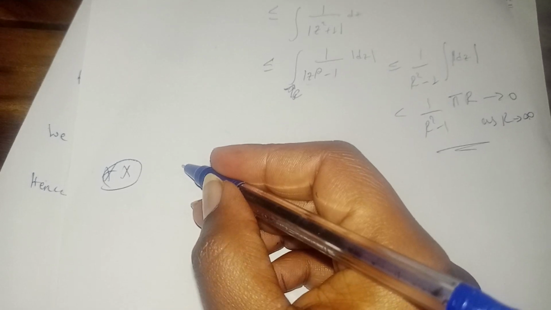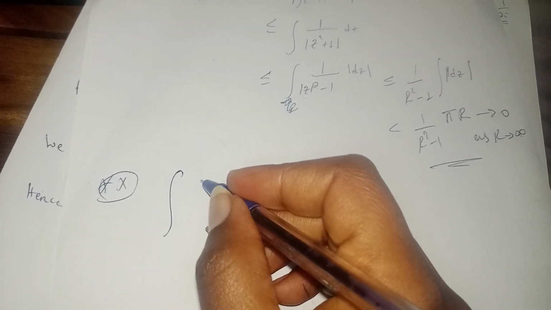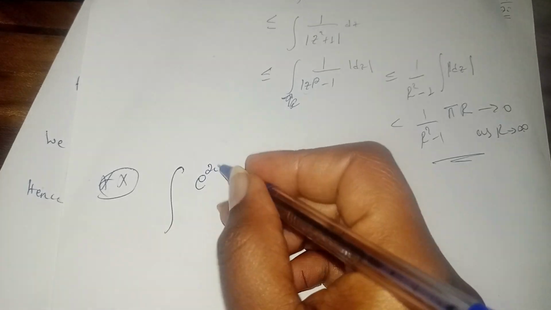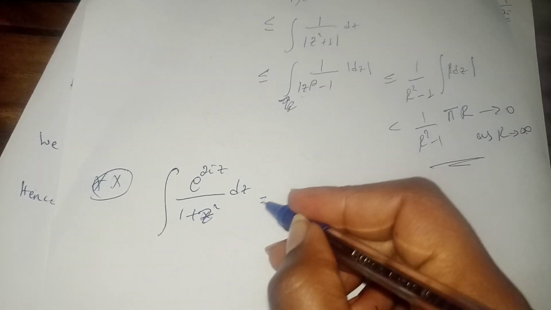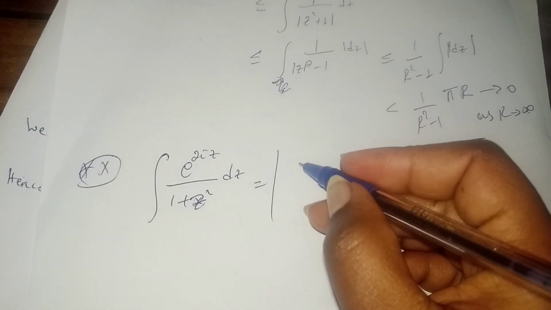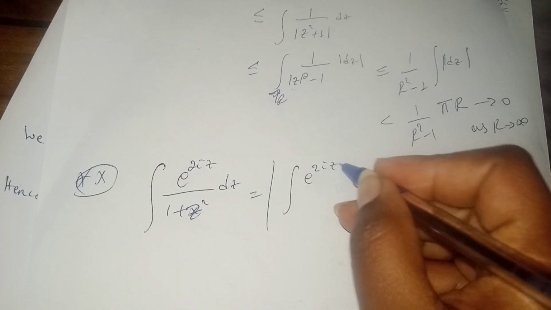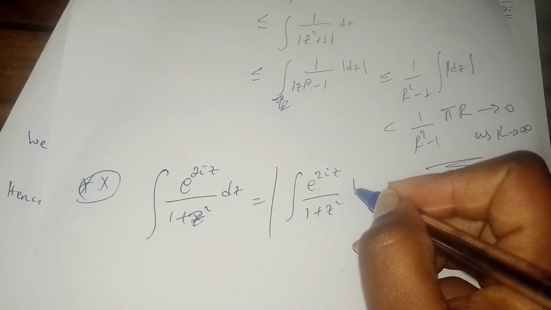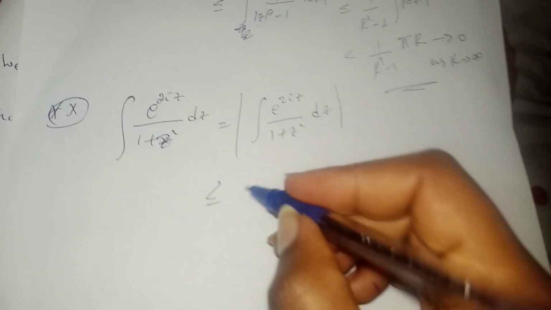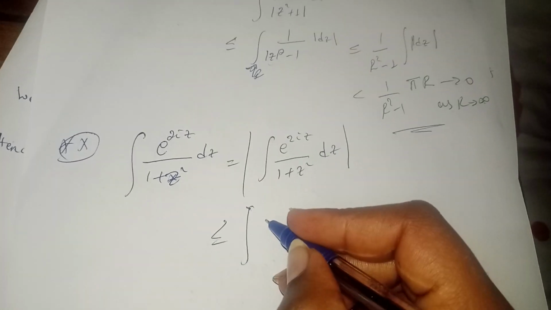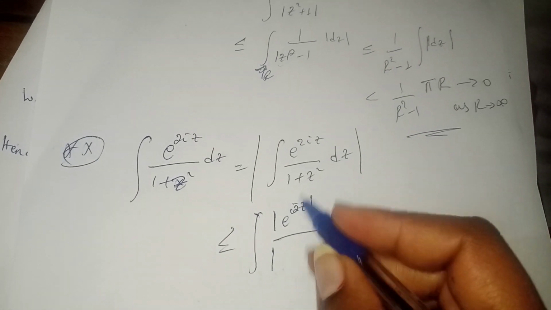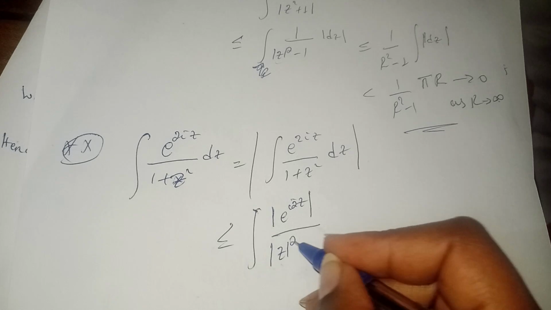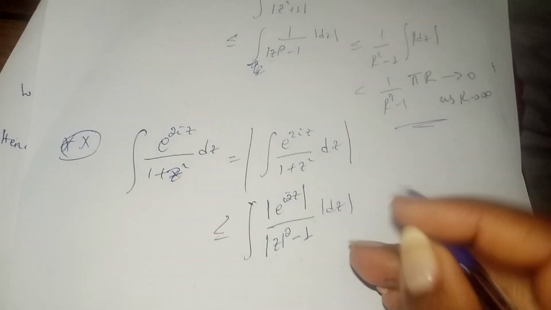Again, for star 2, the integral of e raised to 2iz over 1 plus z squared dz, taking the absolute value, is less than or equal to, by the triangle inequality, the integral of e raised to 2iz over z squared minus 1 dz.